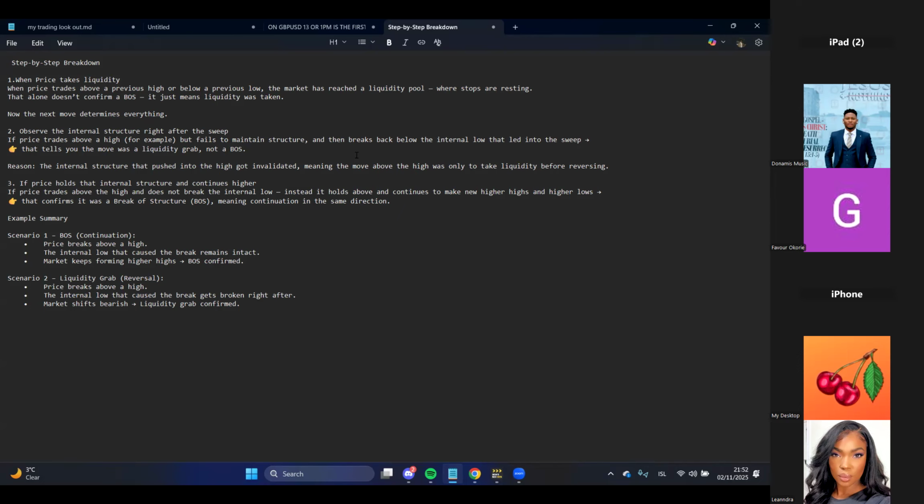Just look at candle highs that have been taken, and what is above there? The market has reached a liquidity pool, because it's traded above highs or lows, where stops are resting, right? That alone doesn't confirm a break of structure. It doesn't matter if price closes above the wicks. That is just liquidity.